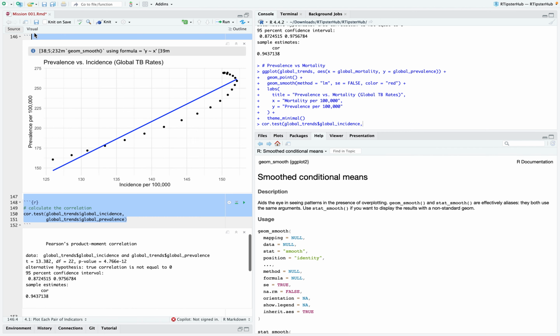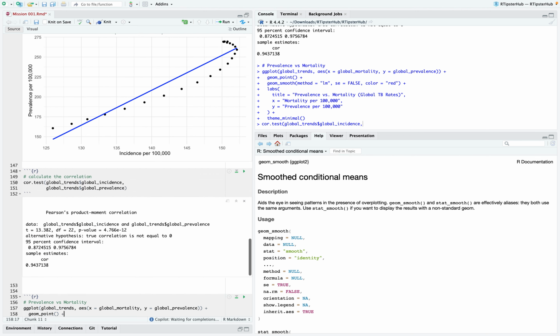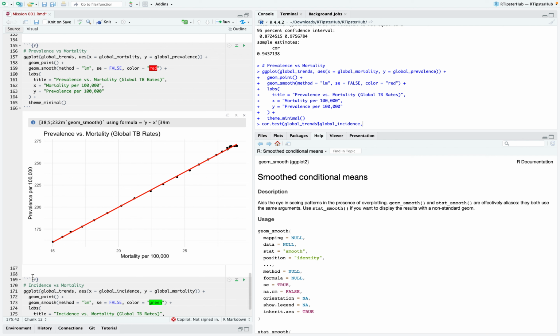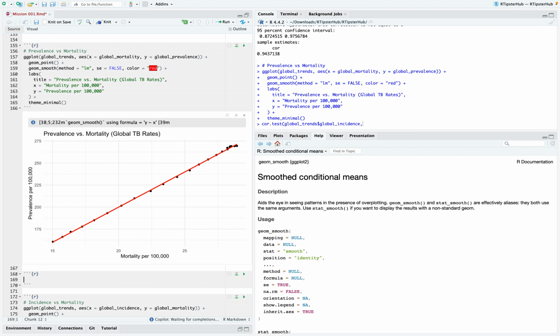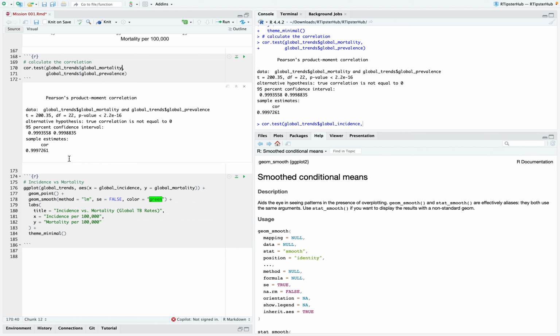Okay, copy this. But now we are saying mortality, prevalence. Wow, 0.999. Okay.